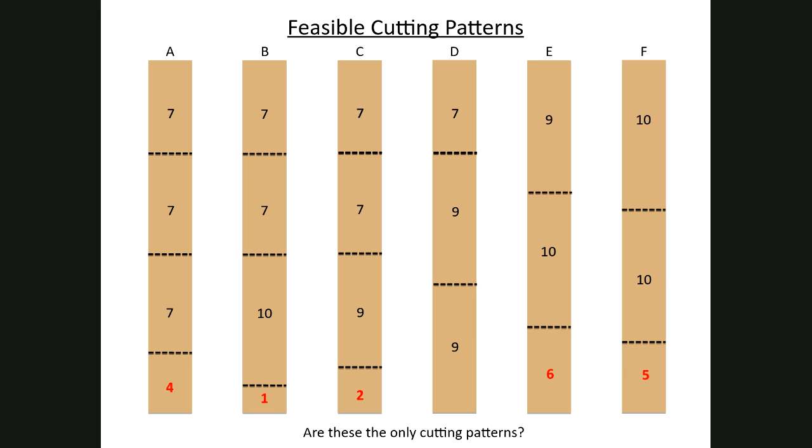And that would be good and efficient, except if you only used pattern D, you'd never get any 10-foot boards. So then the problem becomes, if these are the feasible cutting patterns, what are the decision variables? And so I'd like for you to do 2 things.